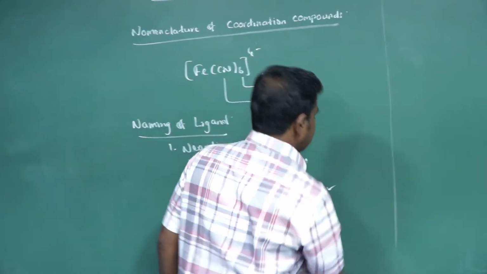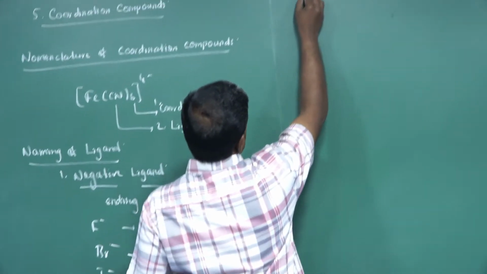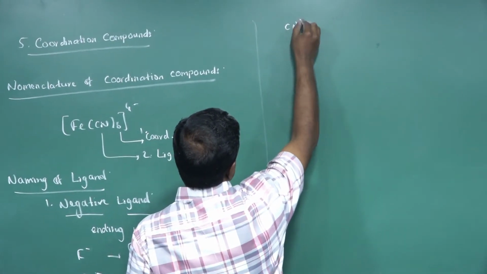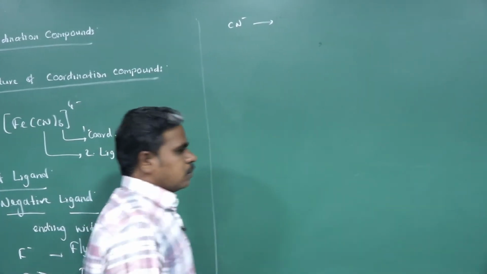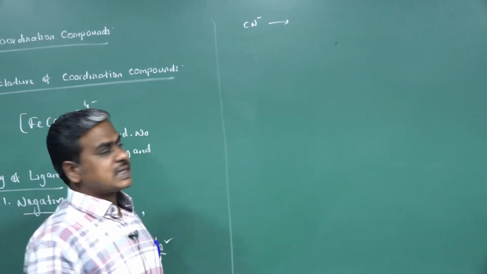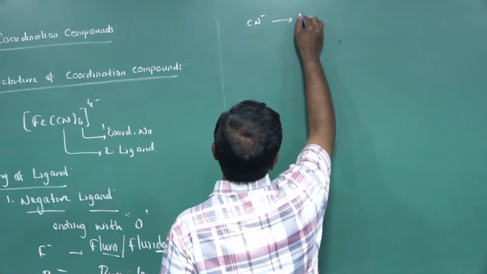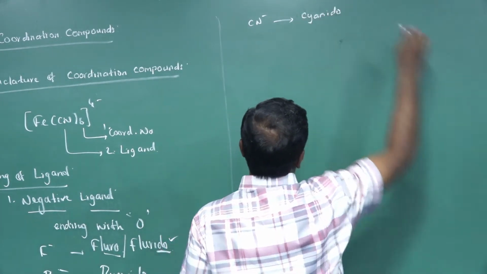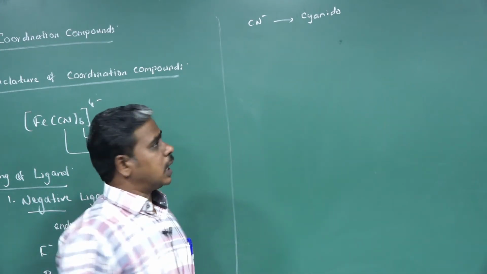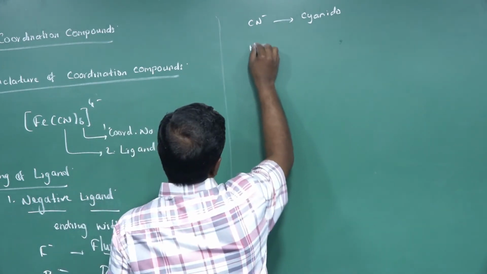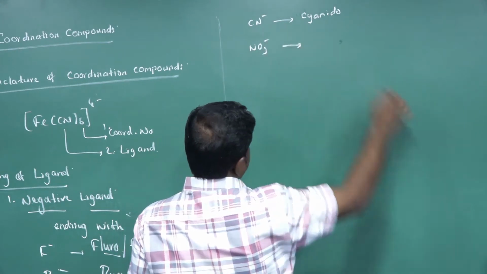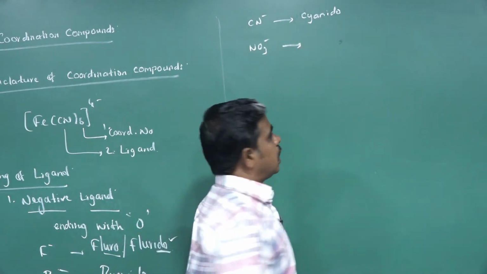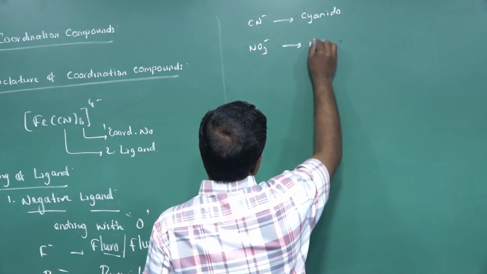And if you take CN minus, CN minus is called cyanido. So it is cyanido. And NO3 minus is a negative ligand and it is called nitrato.